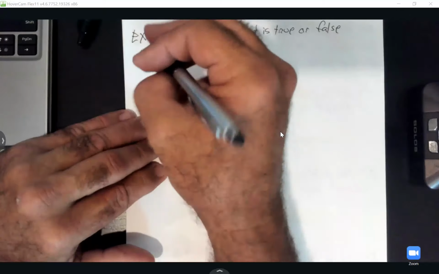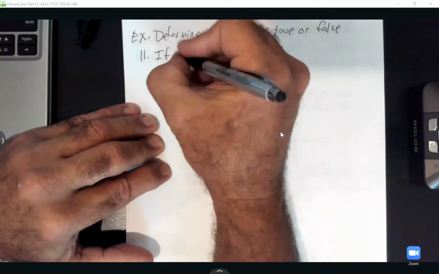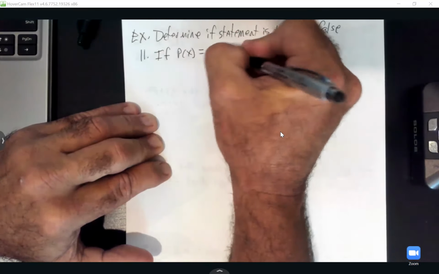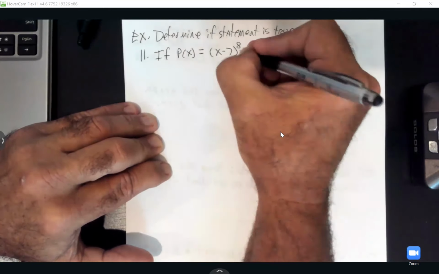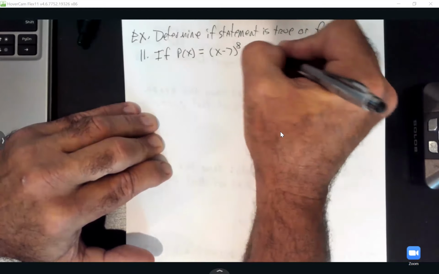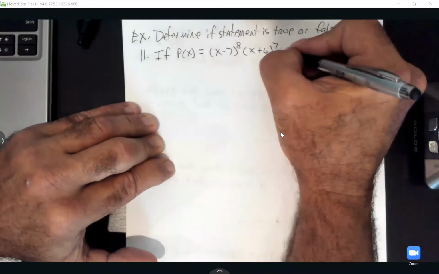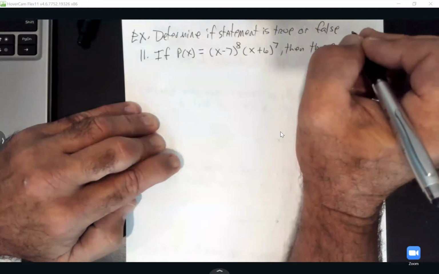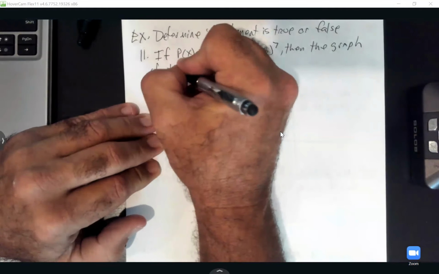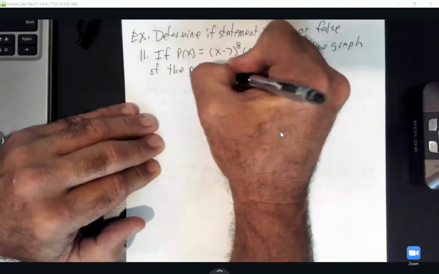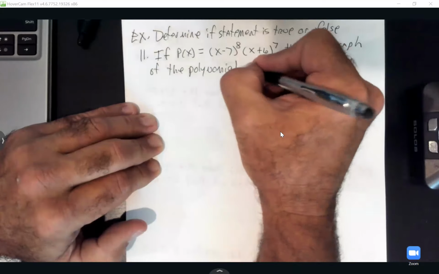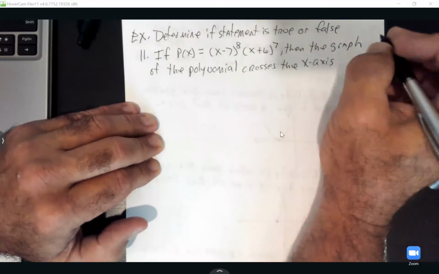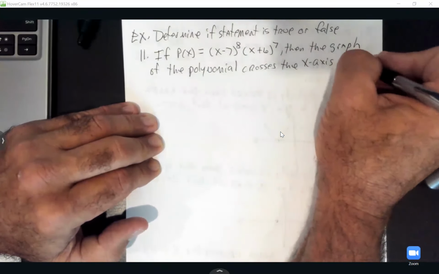All right, so number 11, we got: if p of x equals x minus 7 to the 8th times x plus 6 to the 7th, then the graph of the polynomial crosses the x-axis at the point 7, 0.